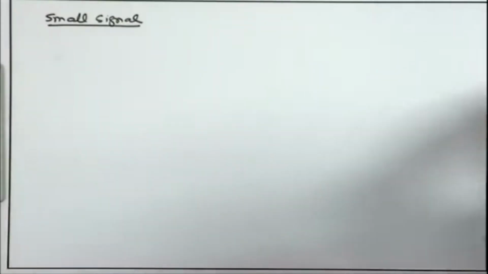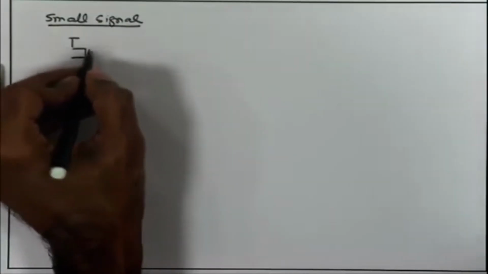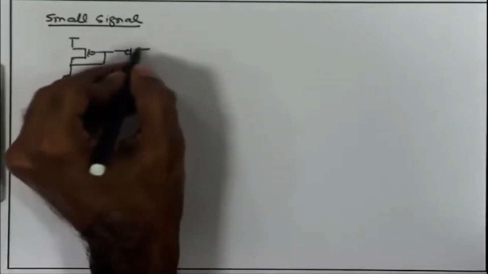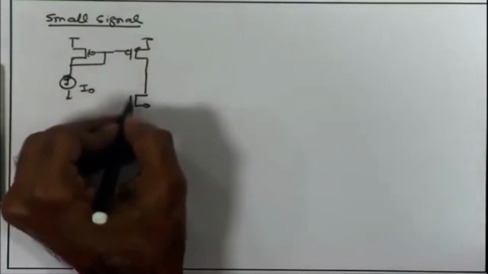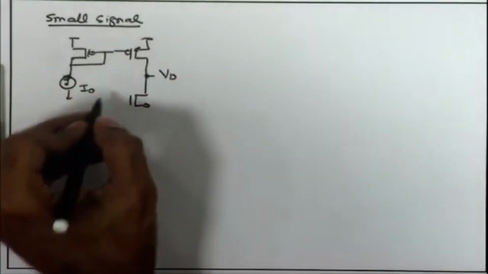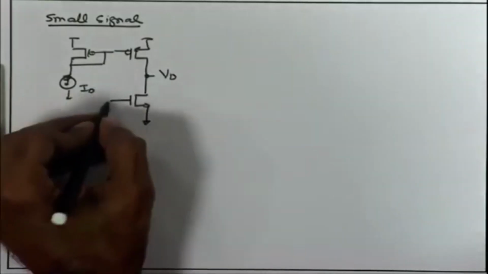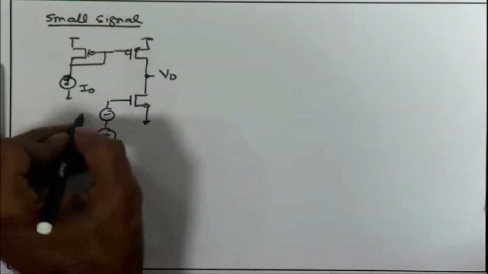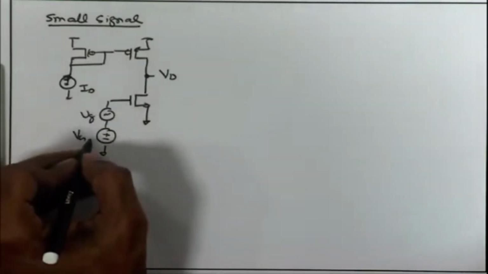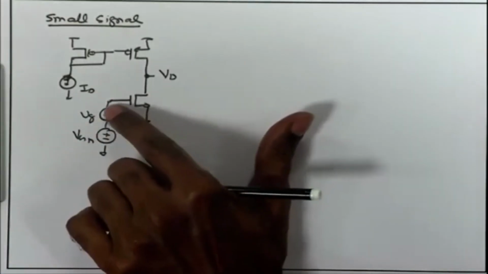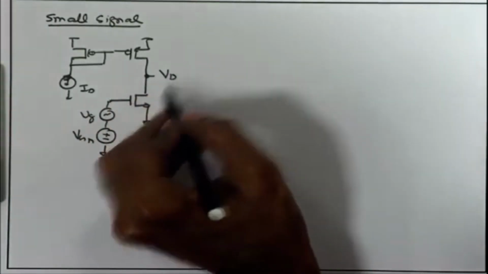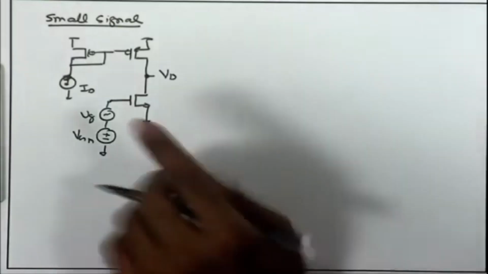Now, how do we go to the small signal analysis for the amplifier that we just discussed? Once again, redrawing the circuit quickly, the current mirror branch. Assume that somehow you have been able to fix VD to the required value, and you have the DC. Now, we are talking about the small signal: we are changing the gate voltage, increasing or decreasing by a small amount, and as a result we expect the output to reduce or increase by a large amount because of the phenomenon we just discussed.